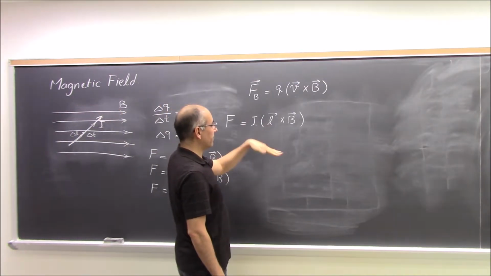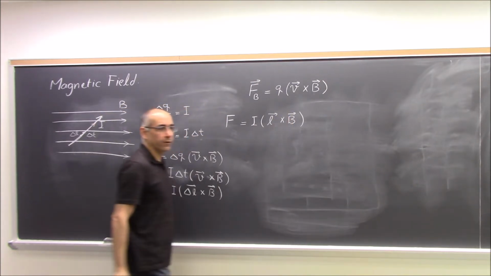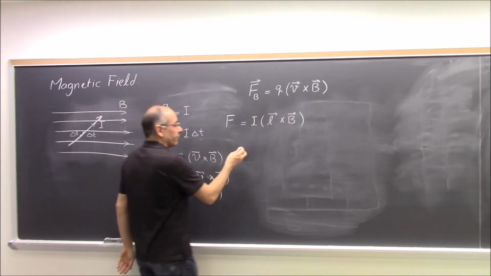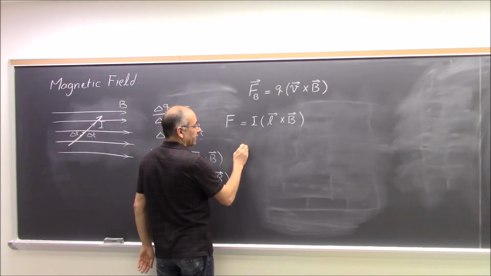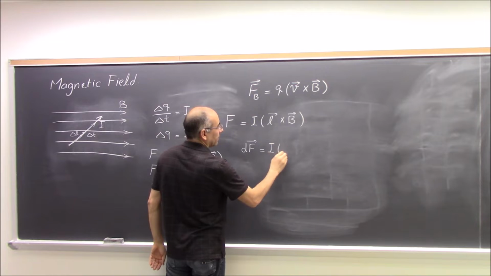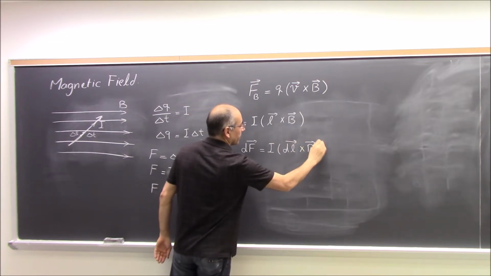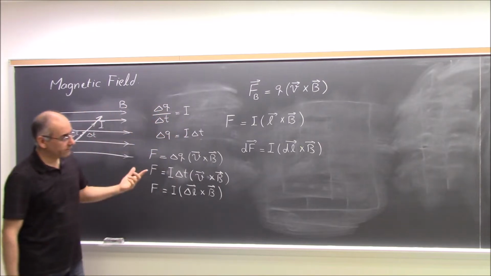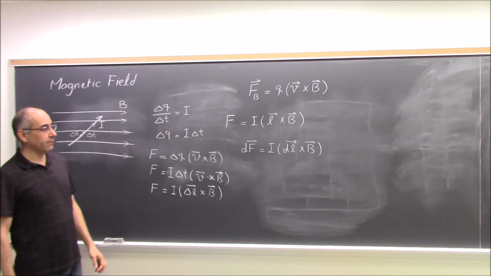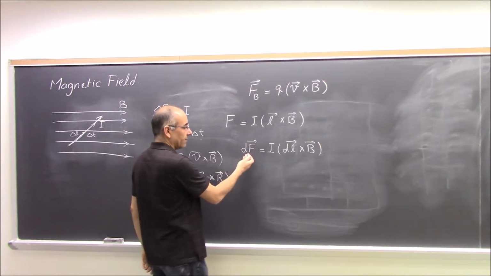Or if the wire is not straight or the magnetic field is not uniform, you can say for a small piece of the wire, dF is equal to I dL cross B, because when you take it small enough, then the field will be uniform around that, and you can use the same equation, and then you add all the contributions.